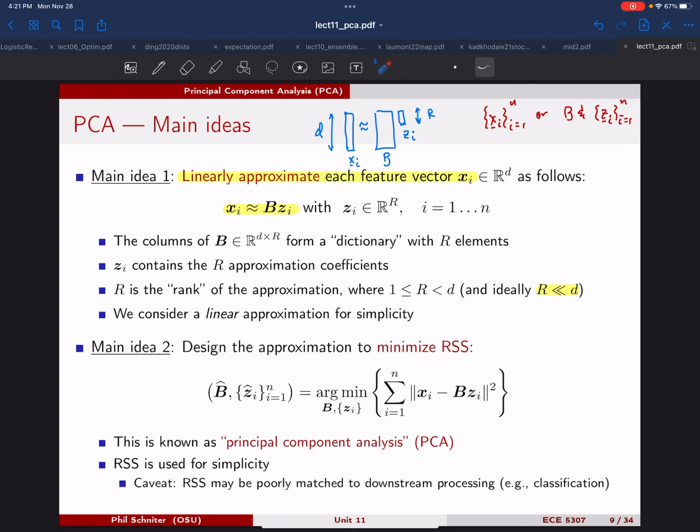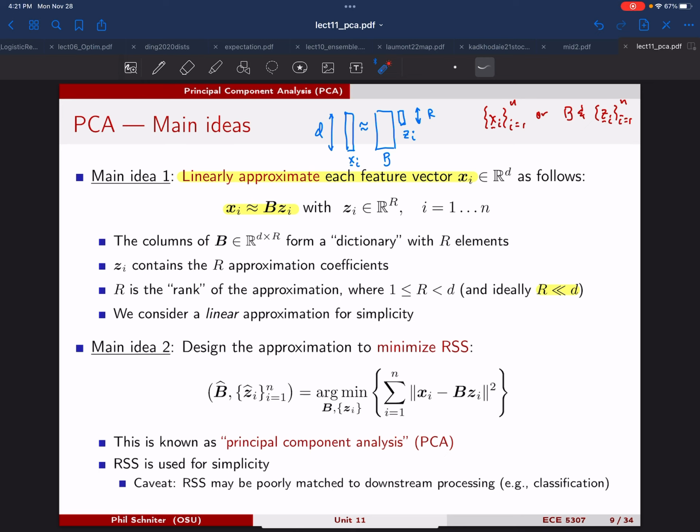If it's R equals 1, then all of your xi's are going to be basically one constant vector times some scaling. Probably that's not going to be a very good result, right? So usually we don't choose R equals 1, but you choose some R that's large enough that this is a decent approximation.